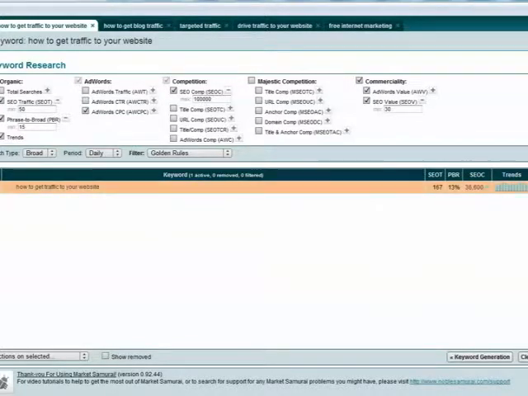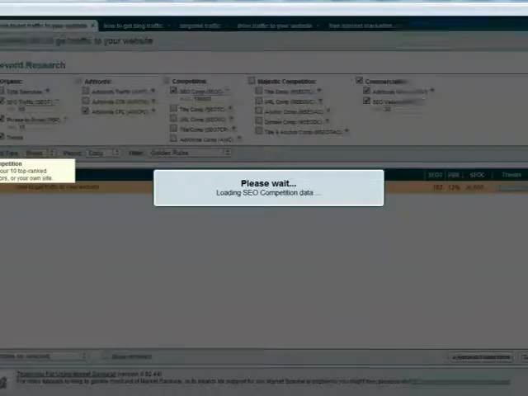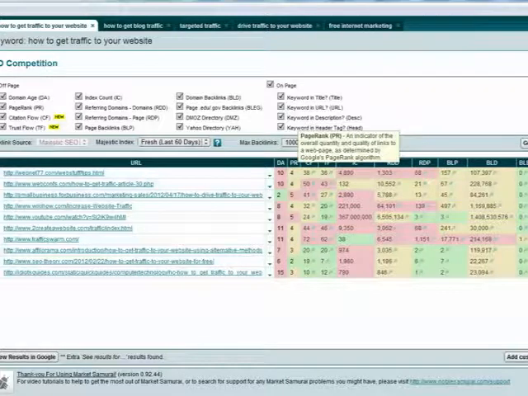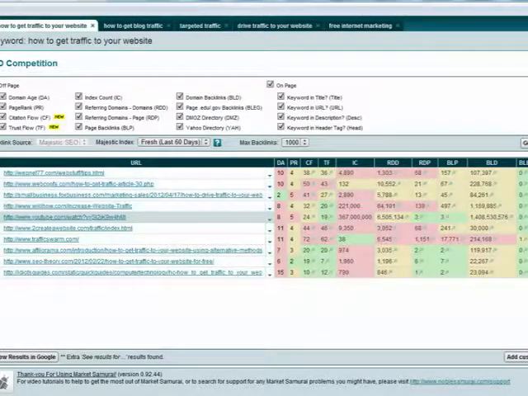And here's the traffic that you would get with that phrase, how to get traffic to your website. 167 in the first position of Google. So let's just look at the competition here for that term. Now when you look at the competition, you see that the PageRank, you've got 4s and 5s in the first 4 positions.